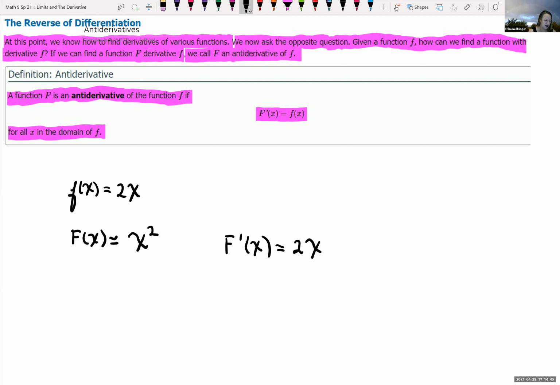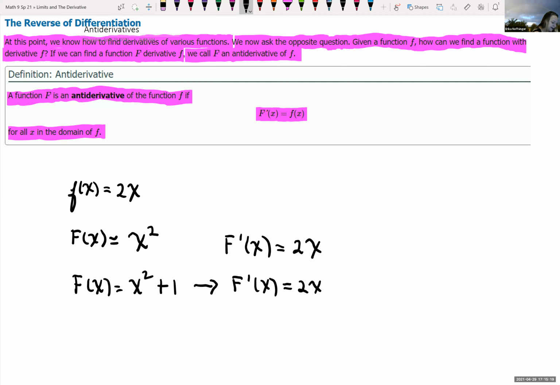But what about capital F of x equal to x squared plus 1? If we took the derivative of this, the derivative of x squared is 2x, and the derivative of the constant 1 gives us back 0. So that also works. Then doesn't that mean I could add any constant to this?